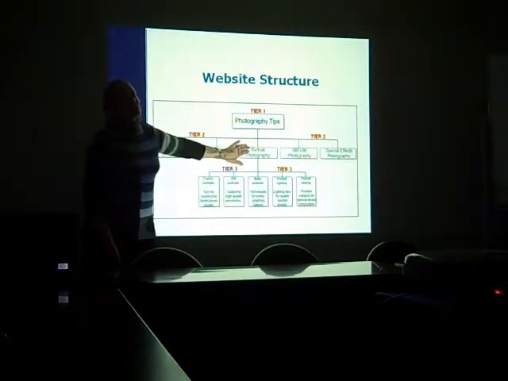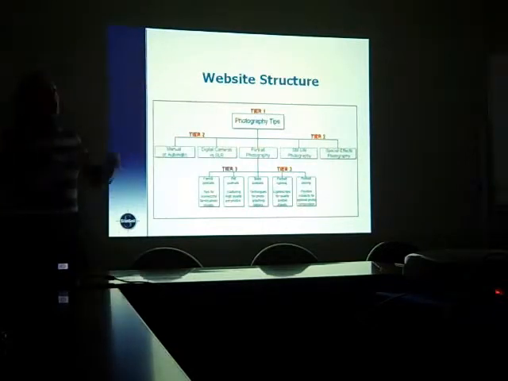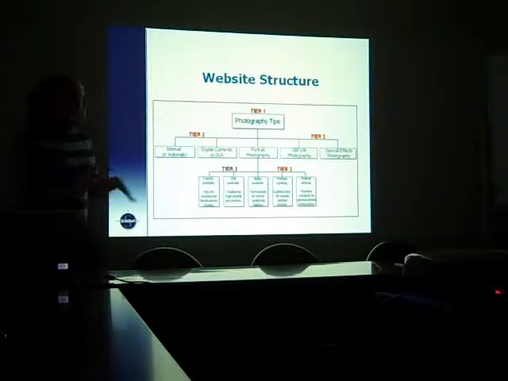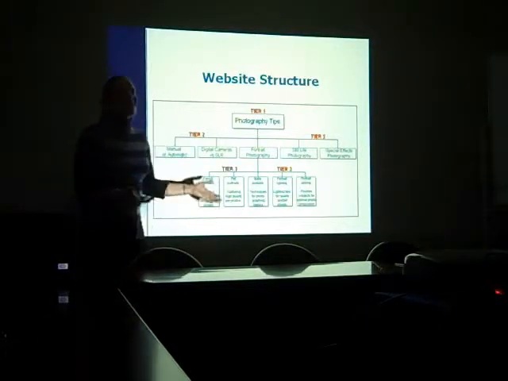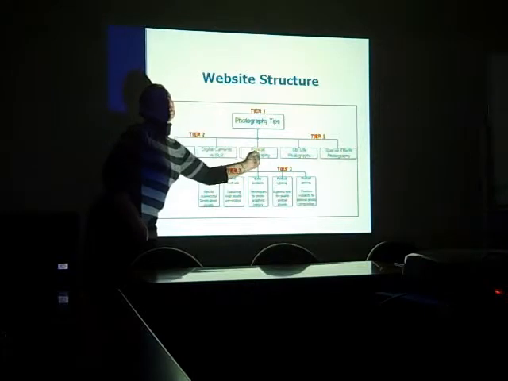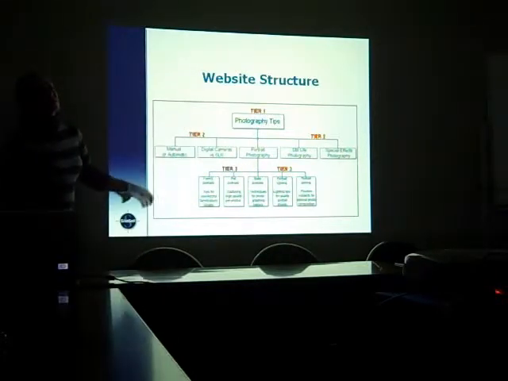The more that you can put underneath to support that, the stronger that page will become. And the stronger it becomes, the more it will get found in the search engines. But of course you don't write the page just for the sake of writing it. It's got to be worth writing. But if it's solid content, try and support these tier 2 pages with a number of tier 3s underneath.